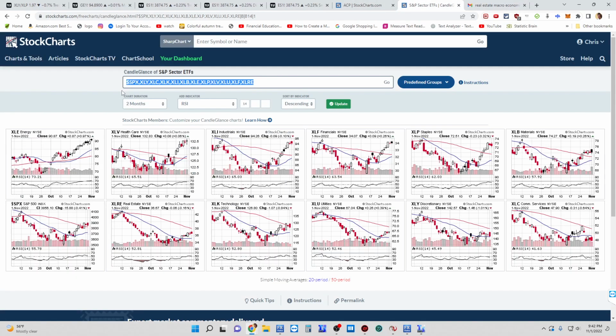But going down from candles at a glance, we're looking at sectors. Energy, healthcare, industrials are the strongest, with communications, discretionary, utilities, and tech the weakest. What's weird is utilities. If it's such a defensive time, utilities would be top 4, top 5.